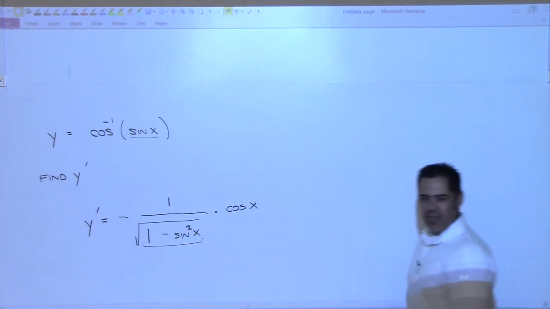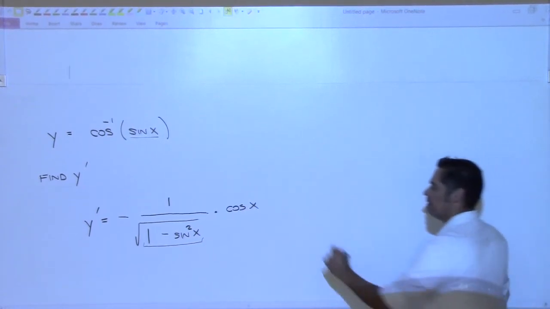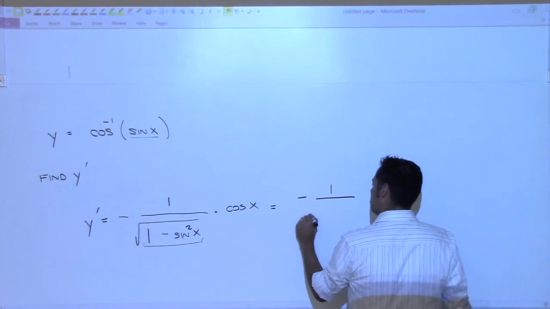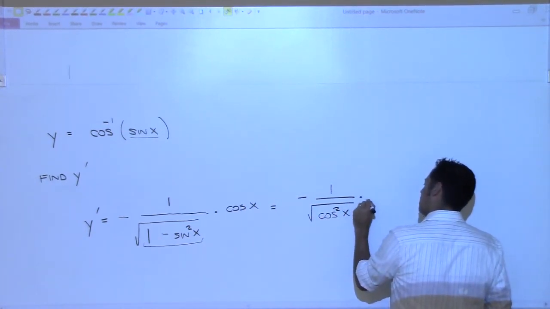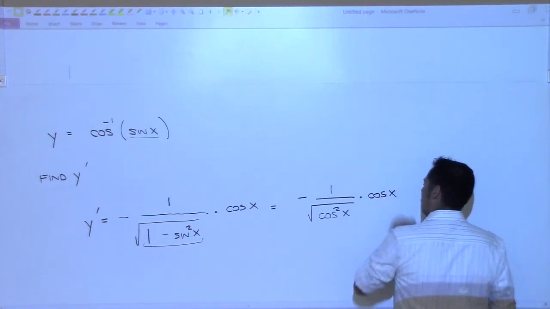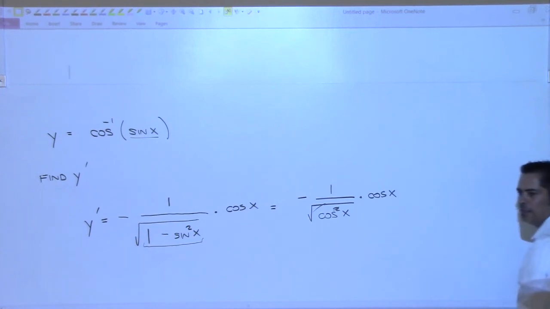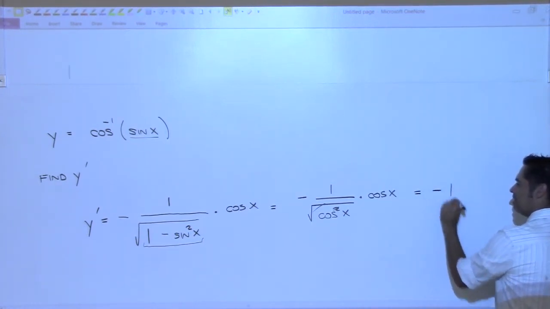That's cosine squared x, isn't it? 1 minus sine squared x is cosine squared x. So this is really like negative 1 over the square root of cosine squared x, but then times cosine x again. And when you do the square root and square, these cancel, and so you're really just getting negative 1.